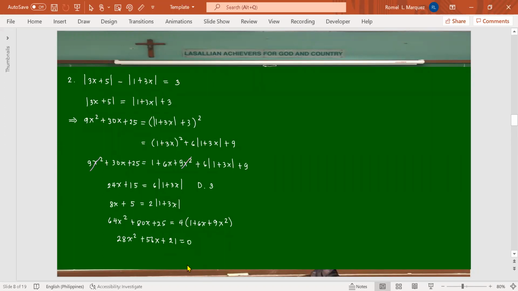What do you think are the possible factors? For 28, possible factors are 7 and 4. What about 21? 3 and 7. 49 plus 12, is it 56? No, not possible.